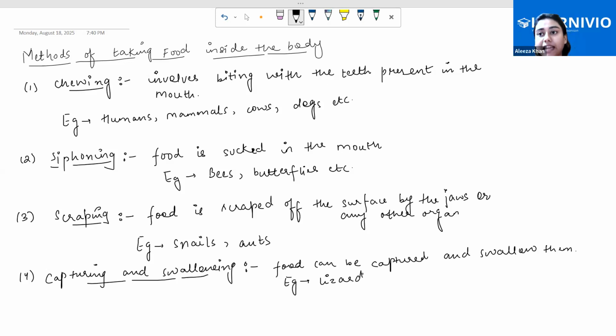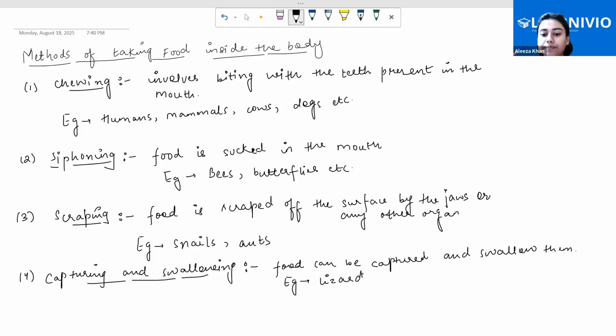Once they have taken any animal into their mouth, they have the capability to capture. Mouth is for chewing, but in this case they capture their prey and swallow it. They don't chew it, they don't cut it into pieces.